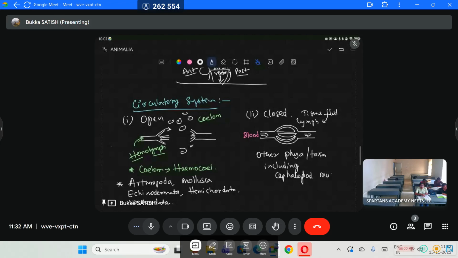Cephalopoda is actually the one group in Mollusca. For example, octopus will come under this one, Cephalopoda. So, in general, Mollusca has an open circulatory system, but here it is closed.